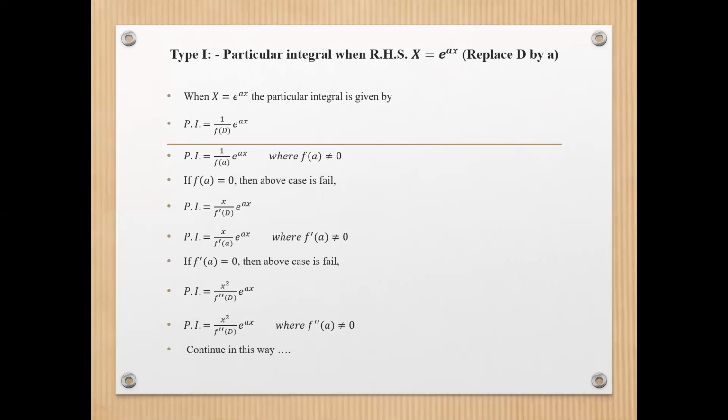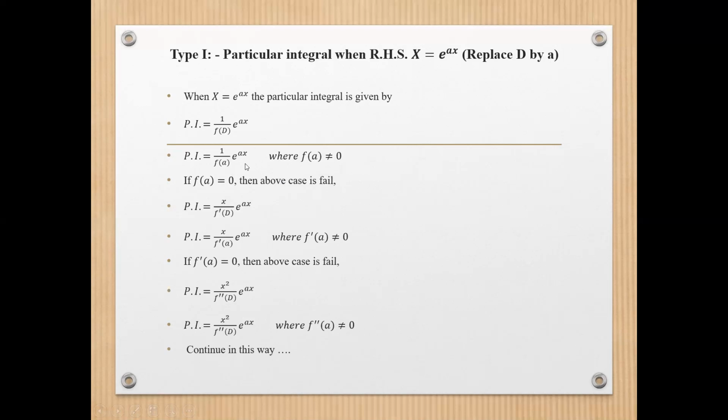Here in type 1 we are considering when the right hand side of that equation is of the form e raised to ax. In that case, in order to find PI, we have to replace capital D by a only.